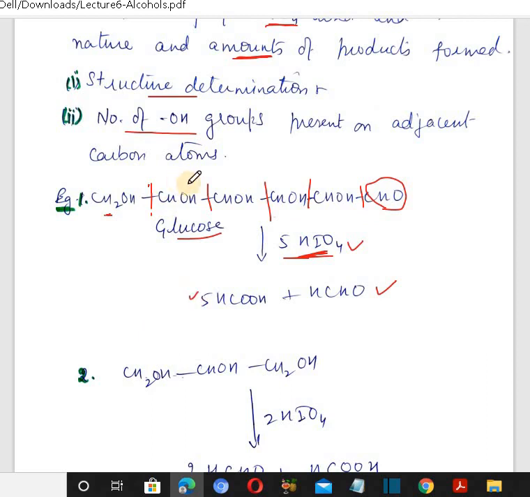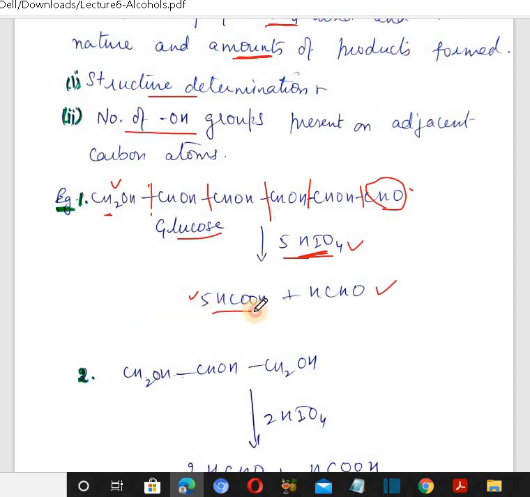So 1, 2, 3, 4 and this final one will give formic acid and this carbon will give formaldehyde, that is this group is converted into aldehyde while all these 4 have to be converted into carboxylic acid and this is already an aldehyde, so this will give formic acid.